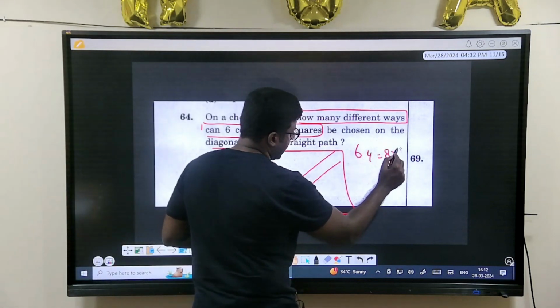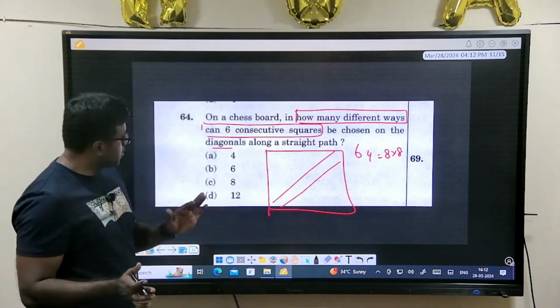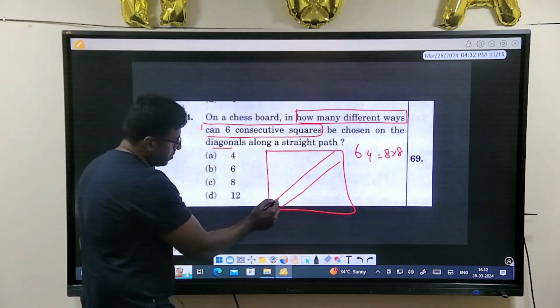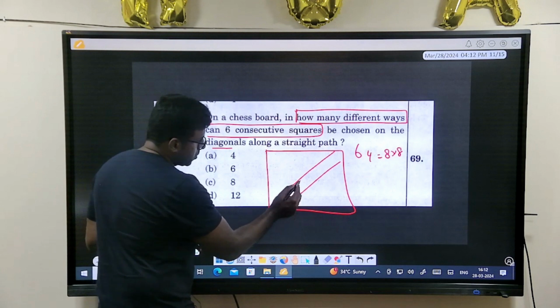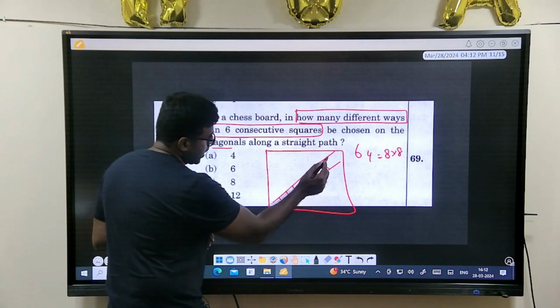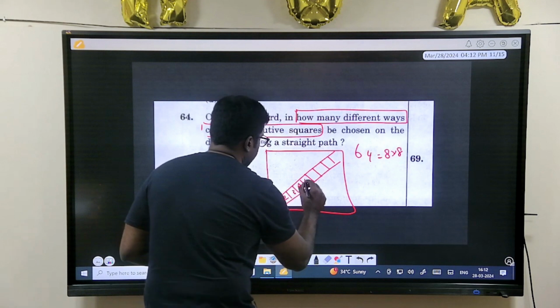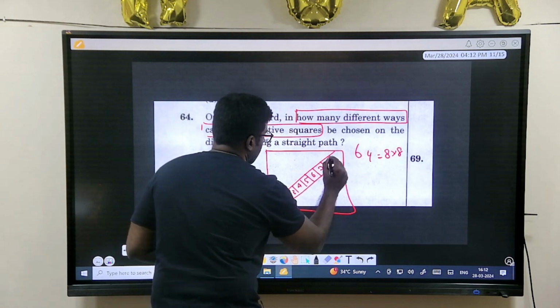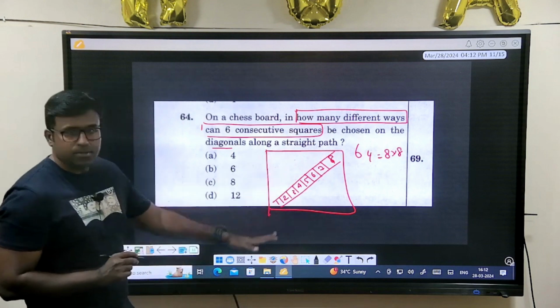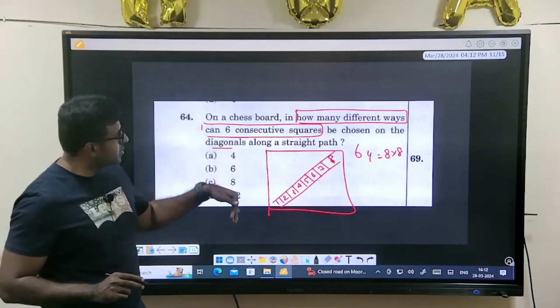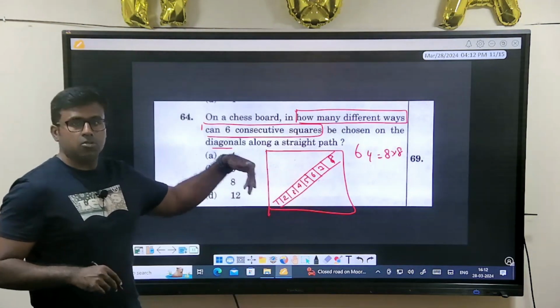So it's basically 8 into 8. The diagonal is actually 8, so you have 1, 2, 3, 4, 5, 6, 7, 8. In this, they say that 6 consecutive squares have to be chosen.